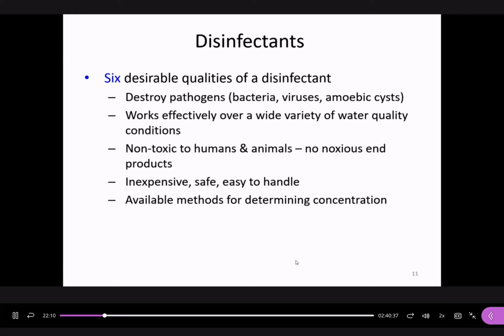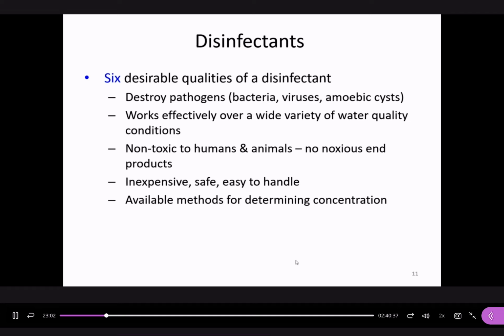Here, hydrogen peroxide, right? Hydrogen peroxide is a disinfectant, an oxidant. But it is not in wide use in water treatment plants. It's not safe, and it's very expensive. And there should be available methods to determine concentration, because you want your water quality to be stable.